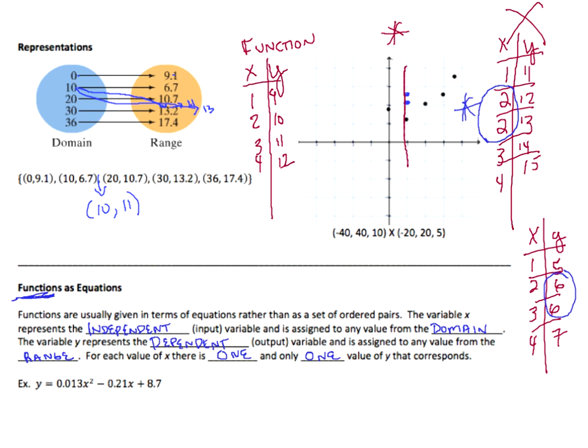Okay, so the reason we call x, or the input variable, the independent, and y, or the output variable, the dependent variable, is because you usually plug in x first. And you don't know what y is going to be until you run it through its function and get that y value out. So y depends on what you've plugged in for x.